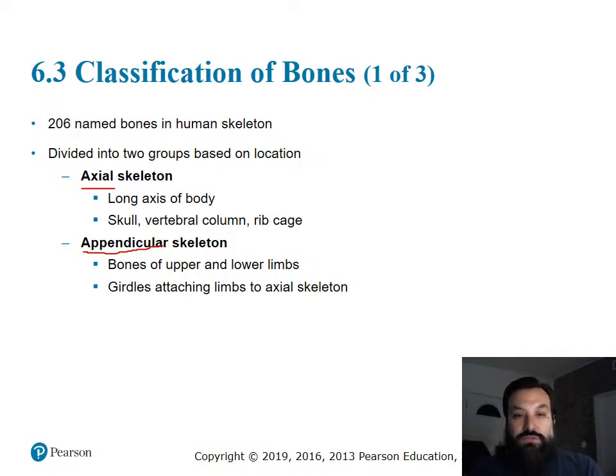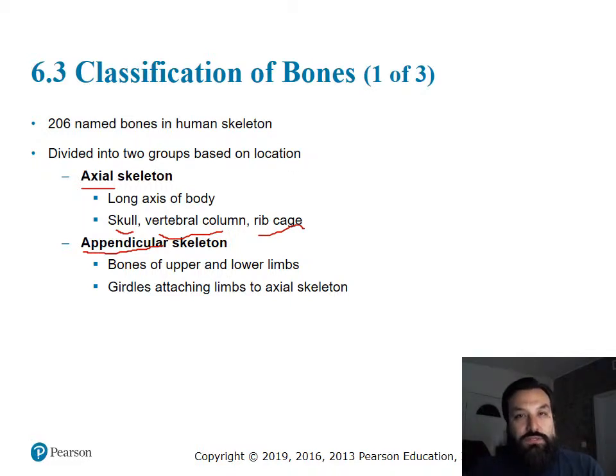The axial skeleton is, if you look at the axis of the body longitudinally, up and down, and the way I've always memorized it, if I took my hand like this and pretended I drew a line right down the middle of my body, anything it touches is considered axial. So the skull, the vertebral column, and the rib cage are all part of the axial skeleton.